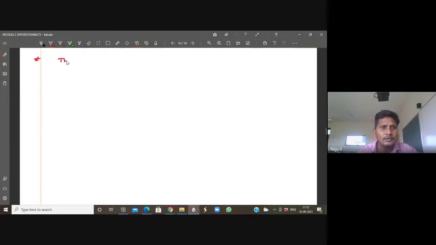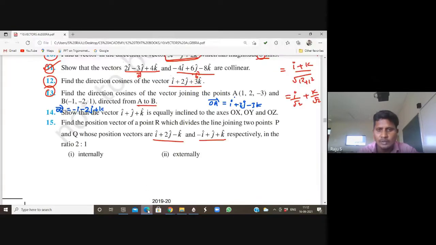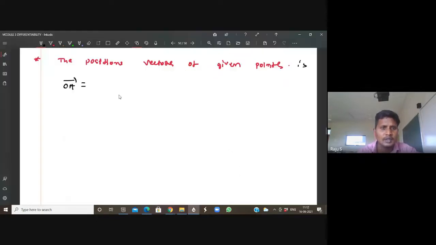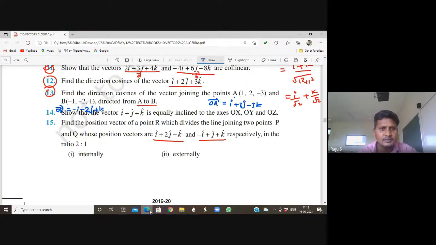The position vectors of the given points: OA is equal to i plus 2j minus 3k, and OB vector is minus i minus 2j plus k.